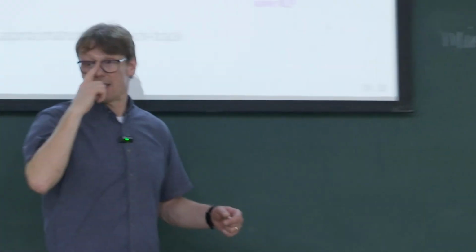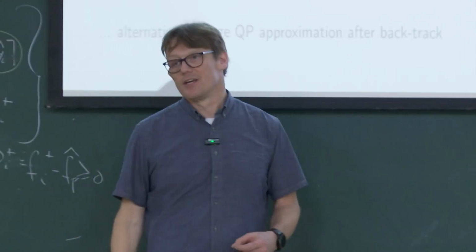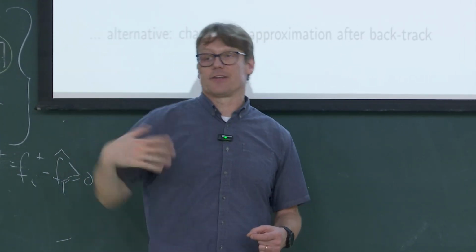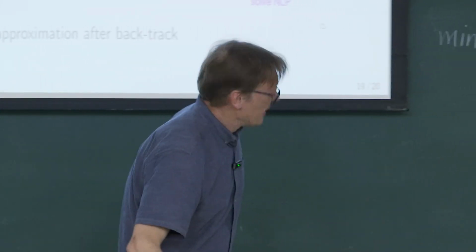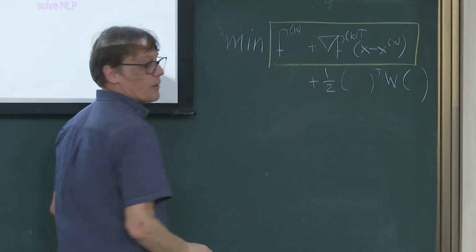The problem is that quadratic functions neither under nor overestimate nonlinear functions. You can find a nonlinear function for which the quadratic is an overestimator and also an underestimator. So this is not a lower bound, but you know that this term here is a lower bound.